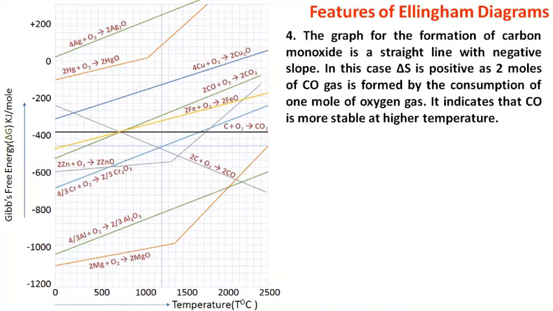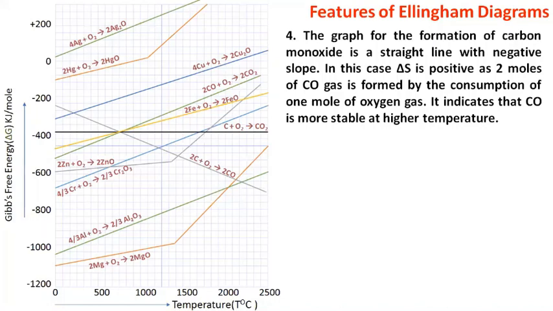You know that in the previous class we had seen how the delta S value is calculated. Delta S, that is the change in entropy, is equal to the entropy of products minus the entropy of reactants. In this equation you can see that 1 mole of a gas is converted into 2 moles of gas. In our previous class also we had seen 1 mole of a gas converted into 2 moles of a gas.